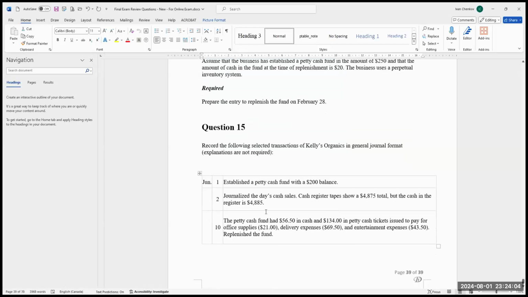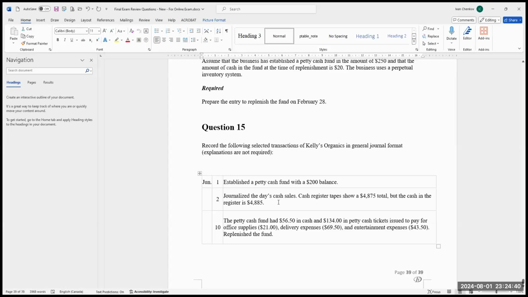In the second case, what you have to do is to establish the petty cash fund by debiting petty cash with 200, crediting the cash. Here we have this journal entry, where the cash register tape shows that you have $4,875 in sales, but in fact you have cash of 4,885, so you have $10 more cash.